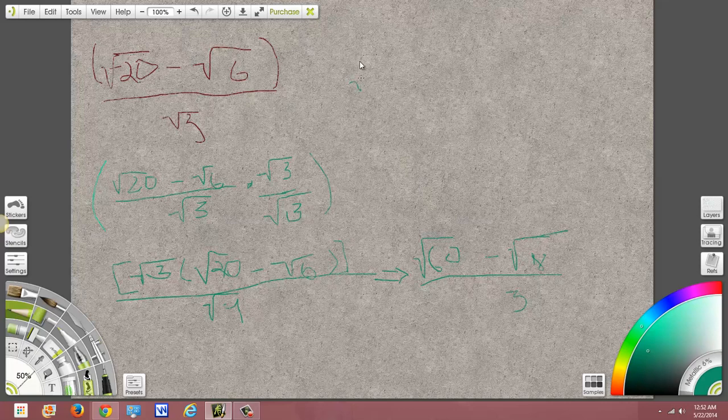What is the square root of 60? Let's find the biggest perfect square factor: 15 times 4.